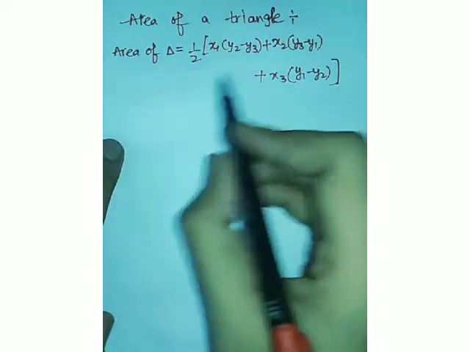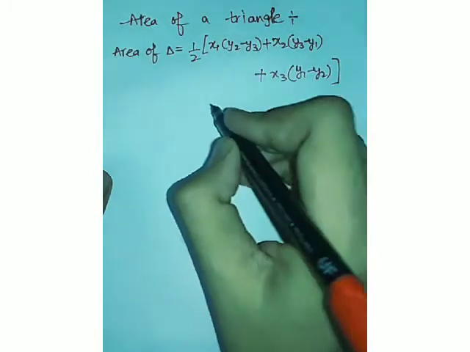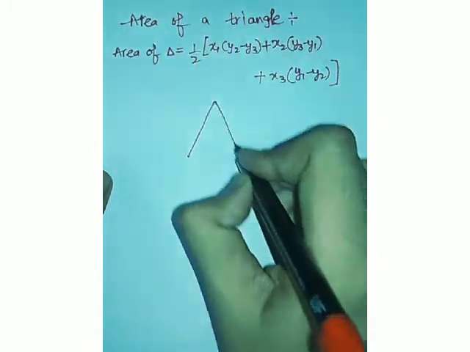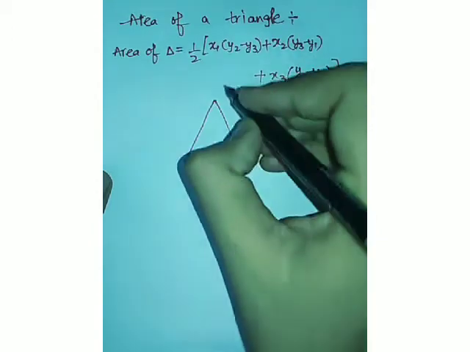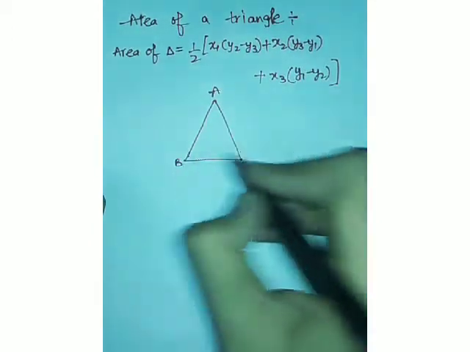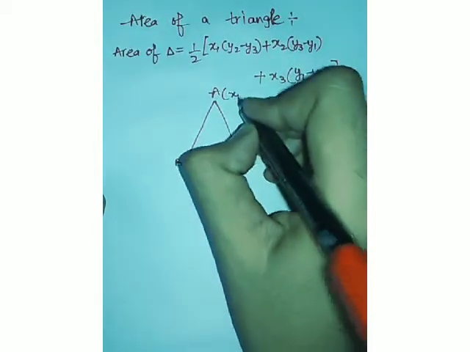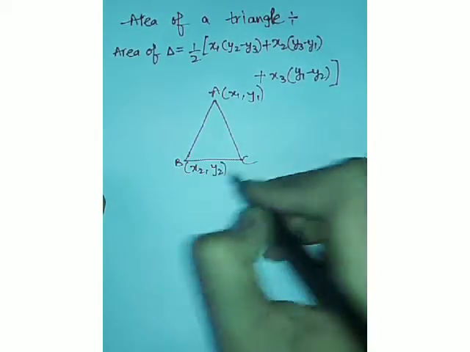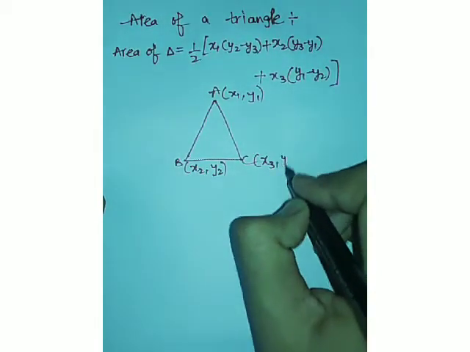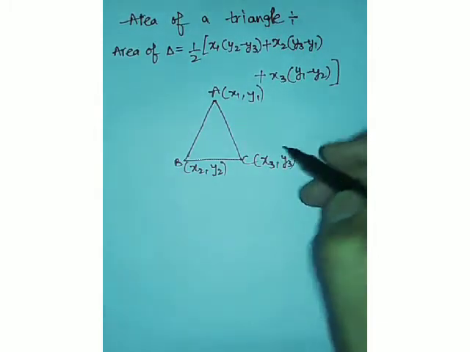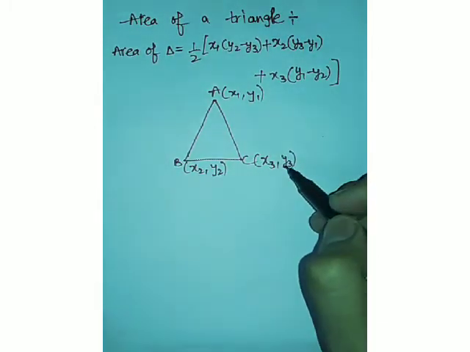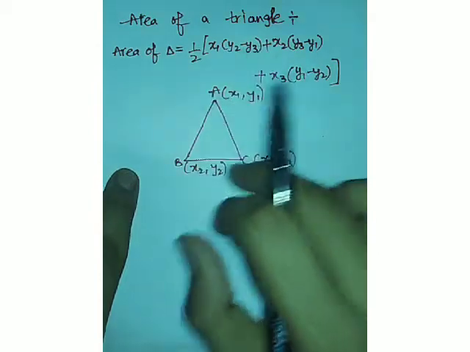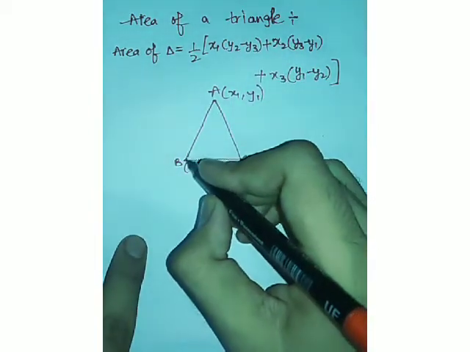Now what are these x1, x2, y1, y2? Consider there is a triangle. Of course, a triangle is made by joining 3 points A, B and C. Let the coordinates be (x1, y1), (x2, y2) and (x3, y3). These are the coordinates of the points which are joined to form a triangle.